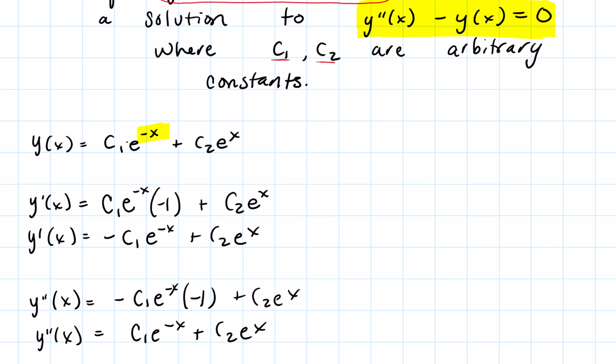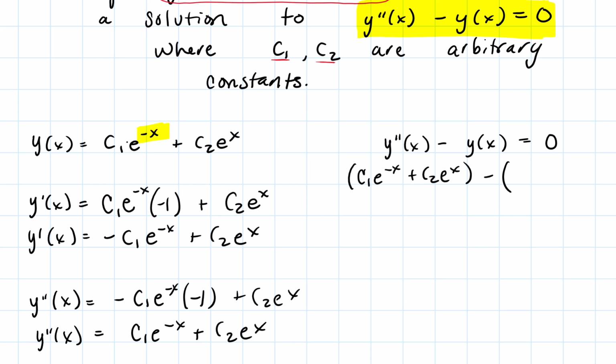And we need to check that the second derivative minus the original function y of x is equal to 0. Okay, so we're going to plug in the second derivative, c1 e to the minus x plus c2 e to the x, and we're going to subtract the original function.